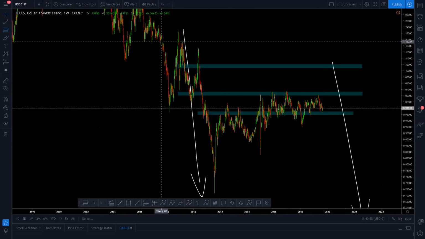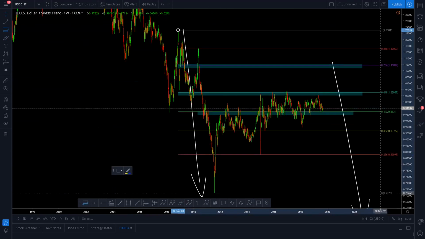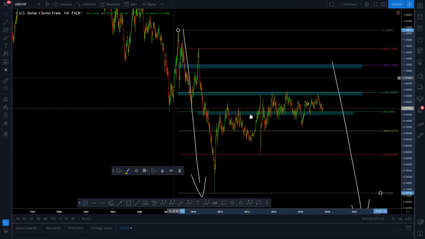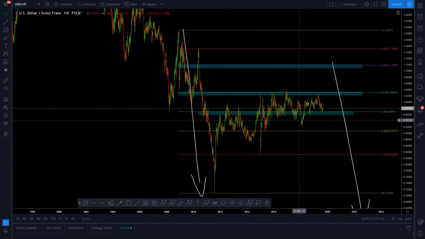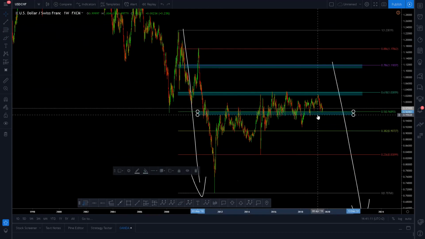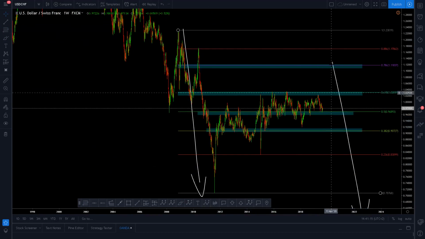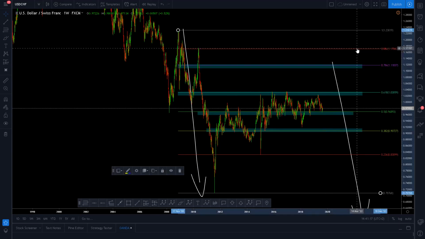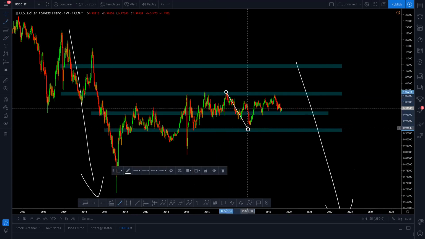Let me redraw these fib levels like this, and then let me put in the 38.2, this one, because we might get a sell trade at the moment. The reason I'm saying that is because we still have this move, and we are currently in a correction for this move.